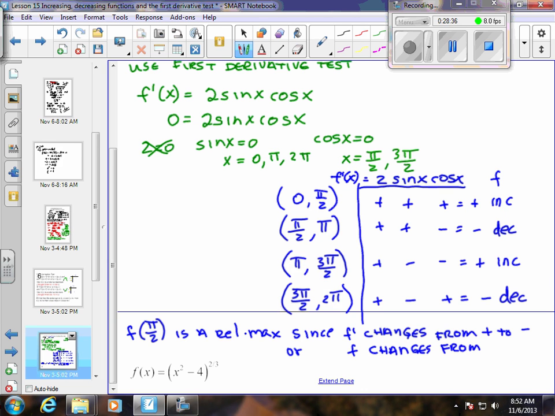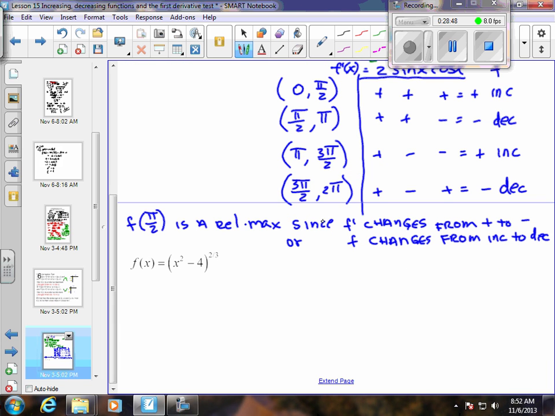Either way is fine, but you have to say one of them. Do I have another local max that I can include with that same justification?